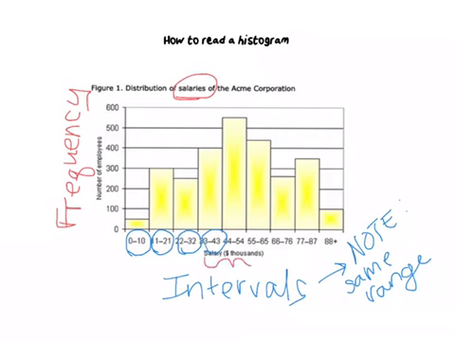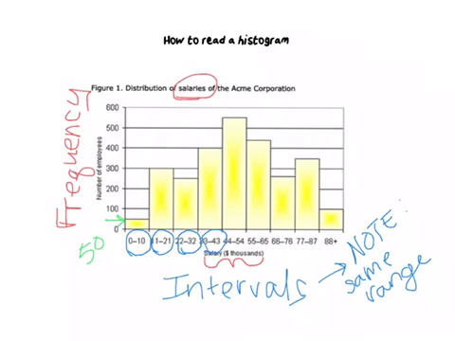The salaries are in thousands of dollars. So 0 to 10 would be $0 to $10,000. And if I look where that frequency is, I'm going to estimate that's about 50. So approximately 50 people had salaries at the Acme Corporation between 0 to 10,000.